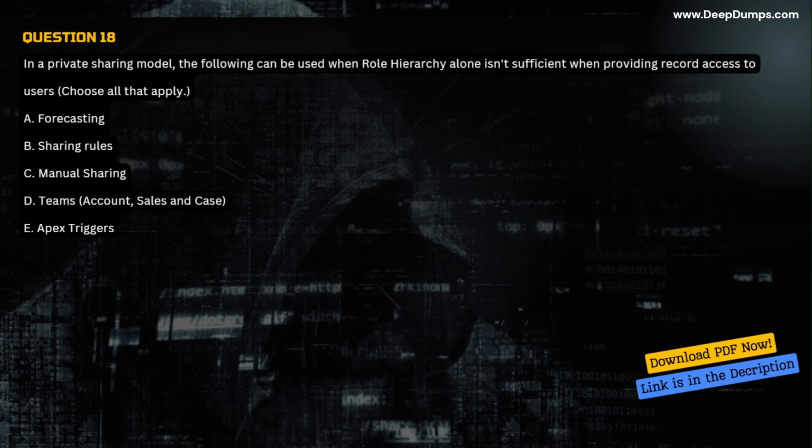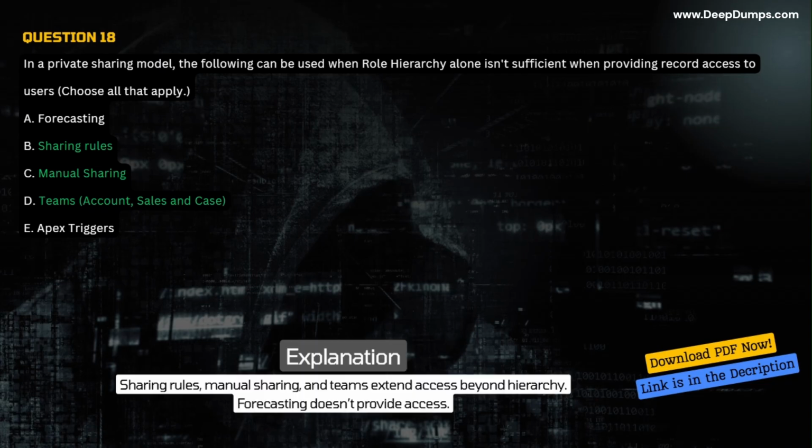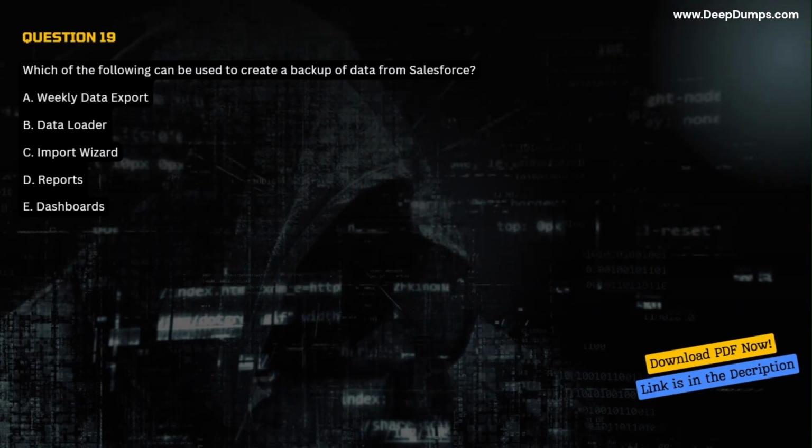E. Apex triggers. Correct answer: B, C, and D. Sharing rules. Manual sharing. Teams, account, sales, and case. Explanation: sharing rules, manual sharing, and teams extend access beyond hierarchy. Forecasting doesn't provide access.